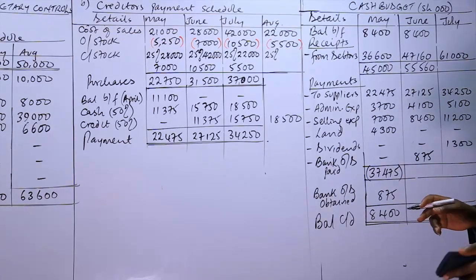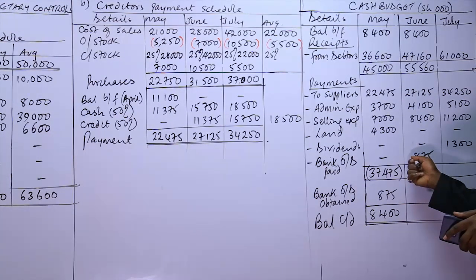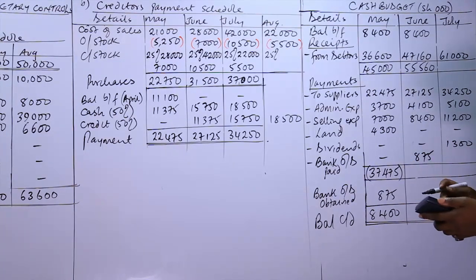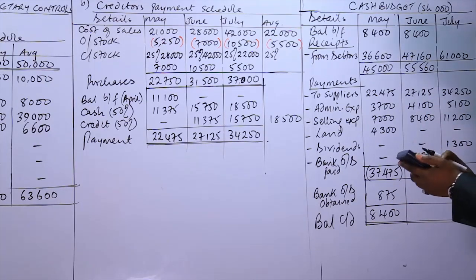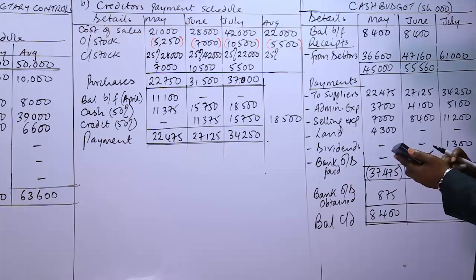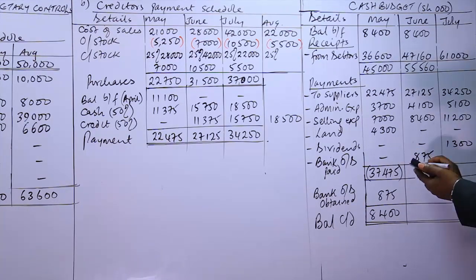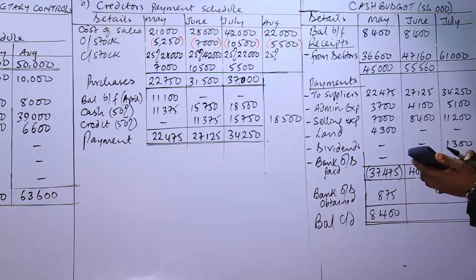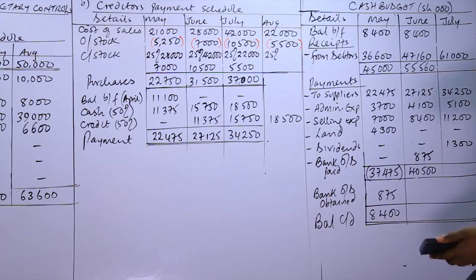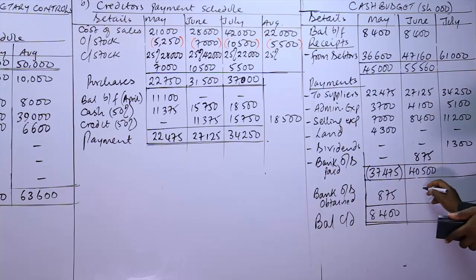Otherwise, if you are given interest, then you would pay it here plus interest. But now it is silent, so we ignore the interest part. So the payments are 27,125 plus 4,100 plus 8,400 plus 875. This payment is 40,500. If we subtract it from the receipt of 55,560, we get 15,060, which is already more than 8,400. So we don't need to obtain any overdraft there.